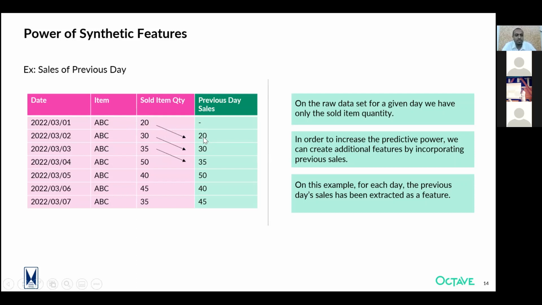But for the following days, we can easily derive the previous day sales, right? By doing this, we are able to enhance the predictive power of the model, and this additional derived attribute would be the synthetic feature, sales of the previous day. There are other examples as well, so we'll look at how we can use this synthetic feature.